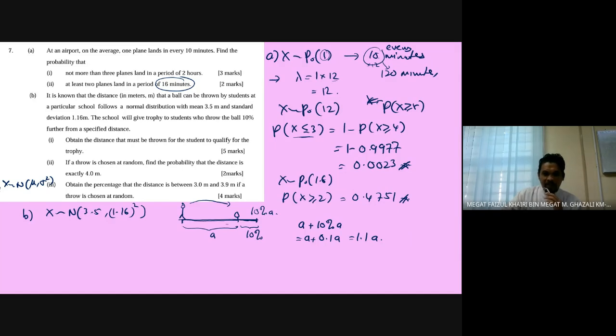Now obtain the distance that must be thrown, 10% further from the specific distance, for the student who qualifies for the trophy.